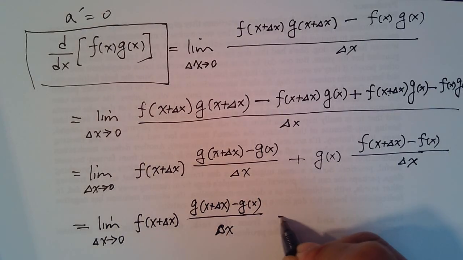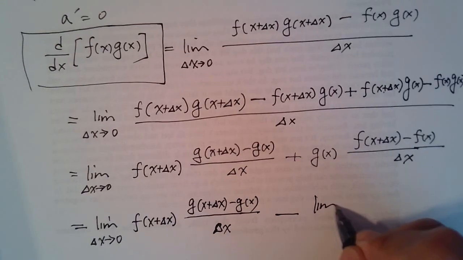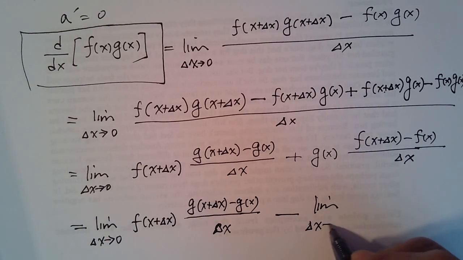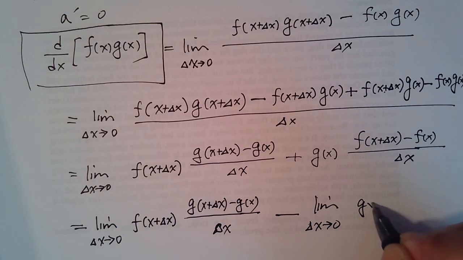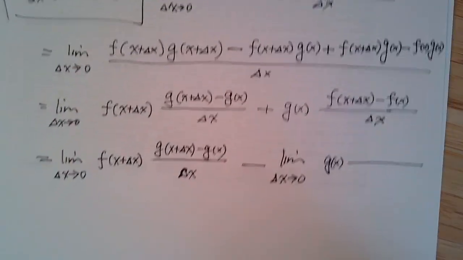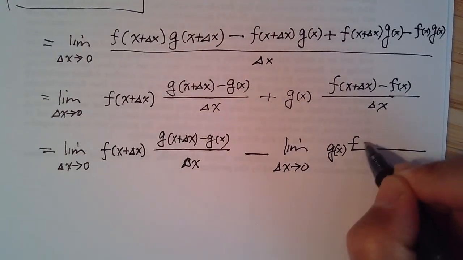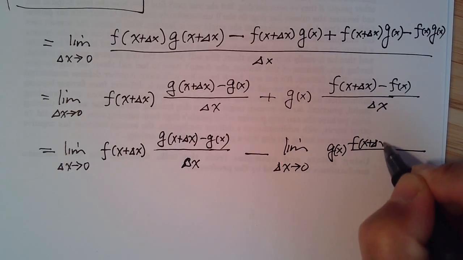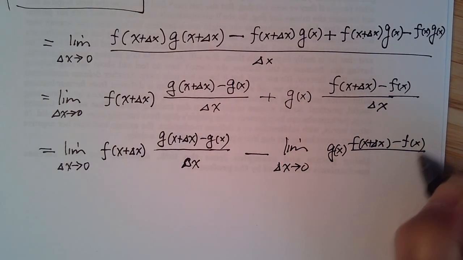Okay, I go minus the limit as delta x approaches 0 of g of x multiplied by, I'm out of space here, f of x plus delta x minus f of x, isn't it?